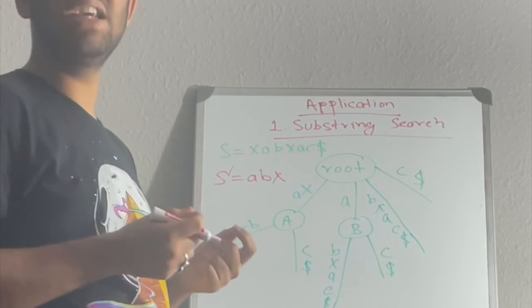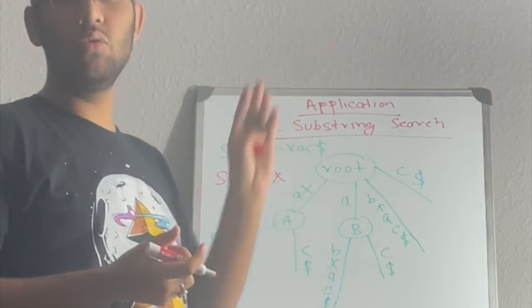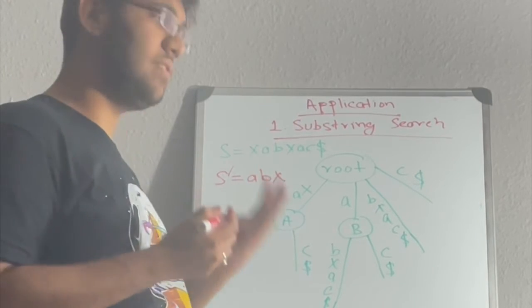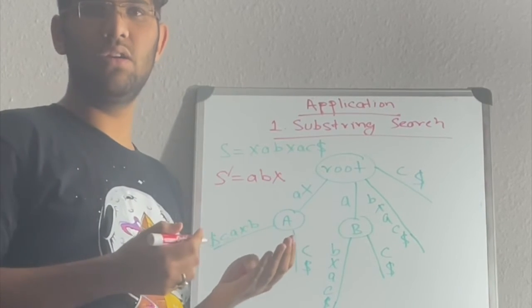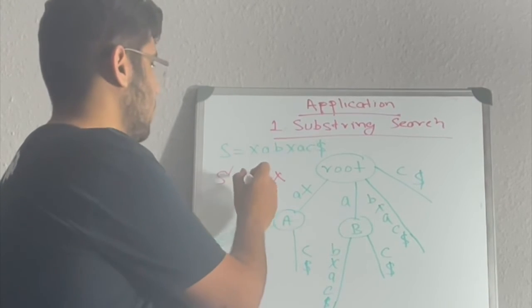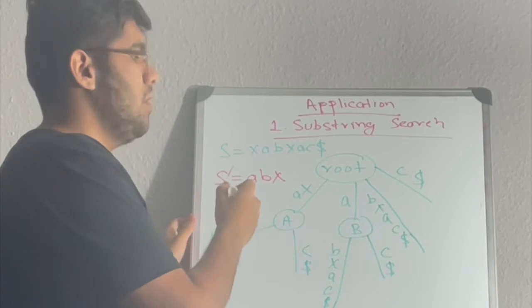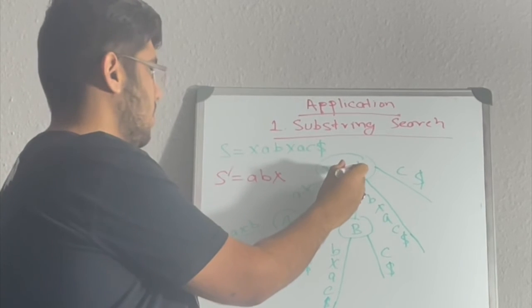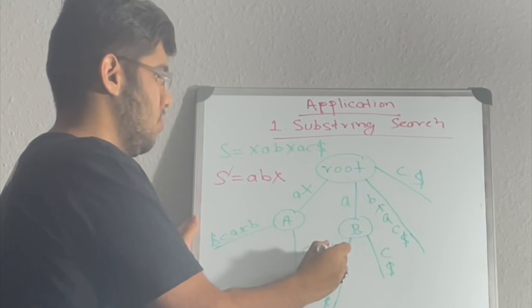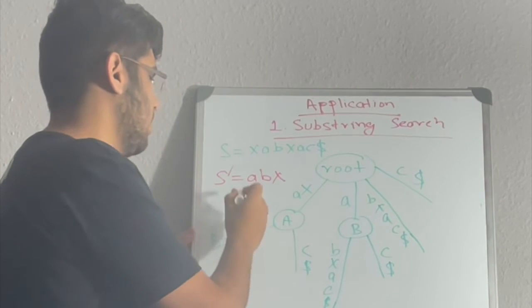A substring is basically a prefix of a suffix, so we can easily go from the root to the leaf, and if it is there, we return true, otherwise we return false. Let's see. For ABX, we know the answer needs to be true, so we go to the root, then A, then B, and then X. Yes, it is there.